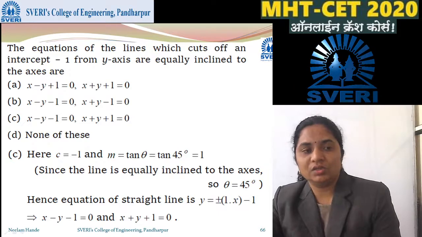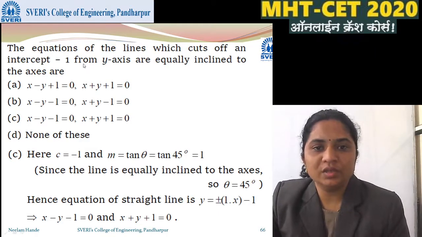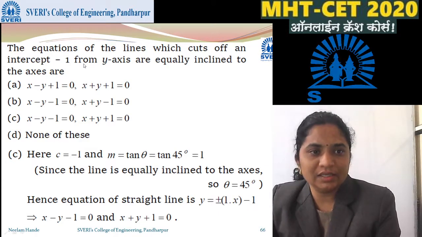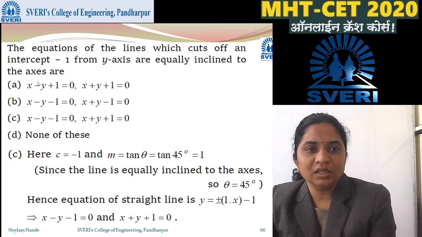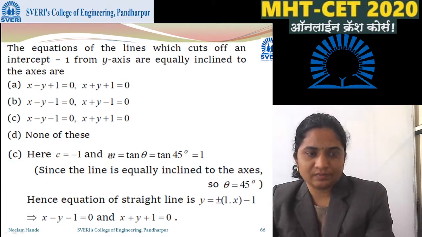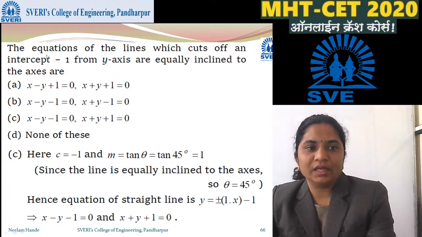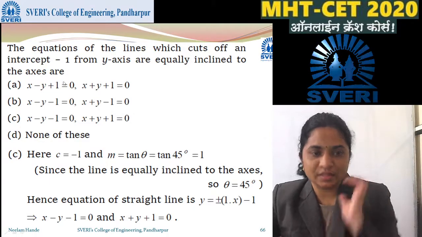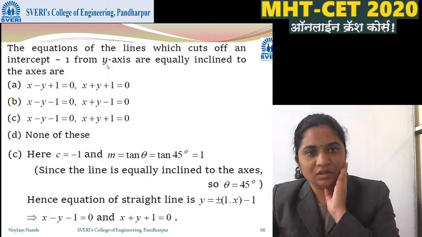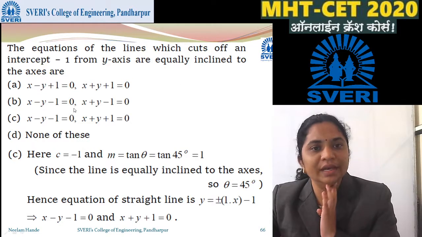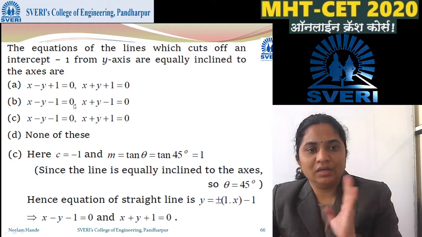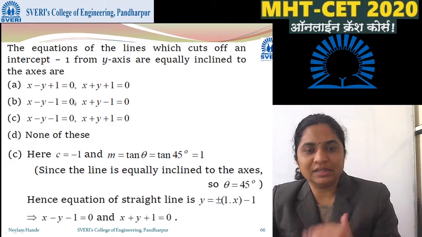Next question. The equations of the lines which cut off an intercept minus 1 from the y-axis and are equally inclined to the axes are. Cuts off an intercept, so c is minus 1. And equally inclined to the axes means it forms an equal angle with the x-axis and y-axis.